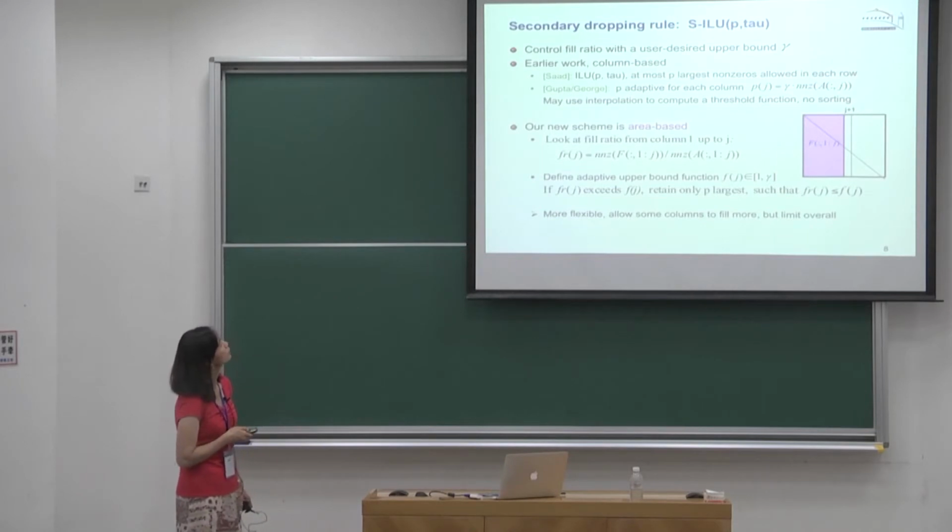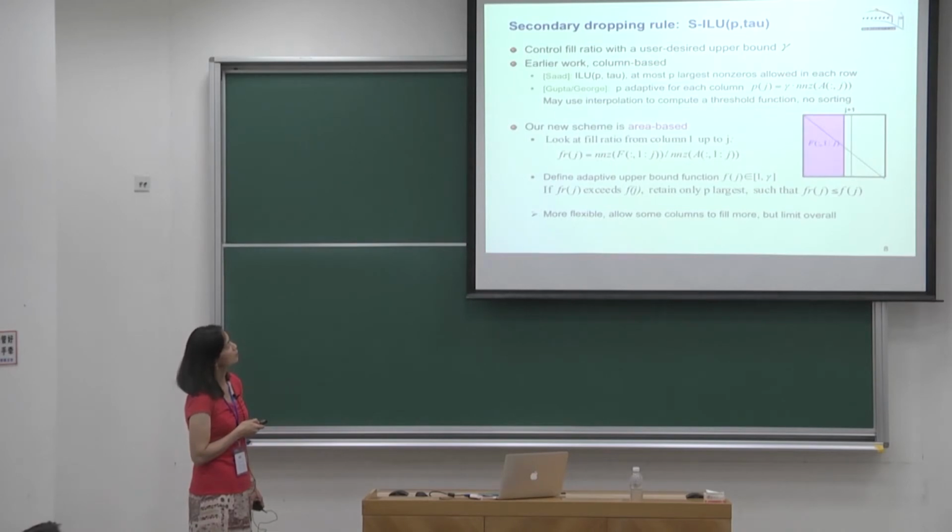So it's slightly improved. And what we have improved even further is to look at the entire area before the current column. So we look at the fill ratio at the current step J: the number of non-zeros of all these columns divided by the number of non-zeros of the original. So it's the fill ratio up to the current point.